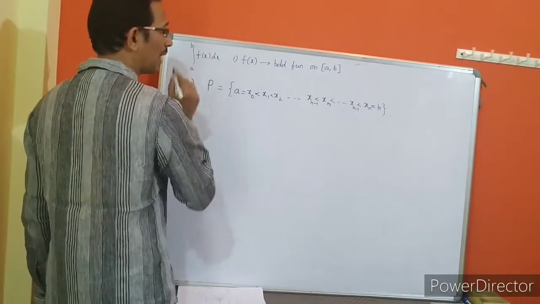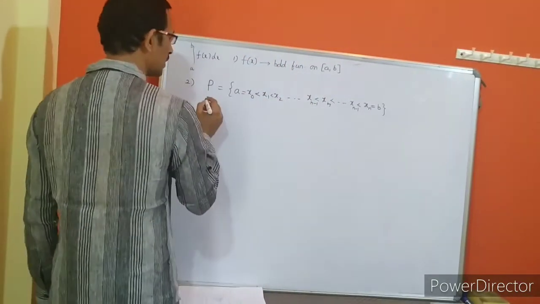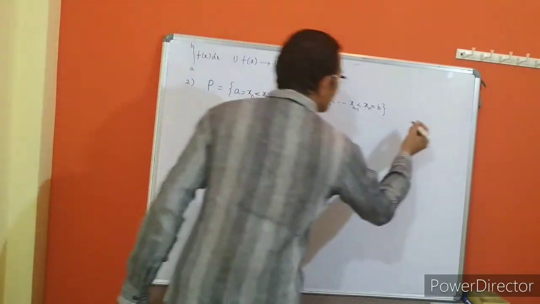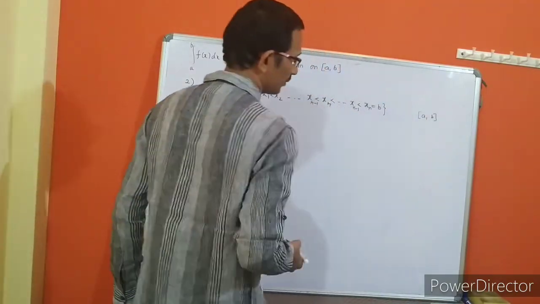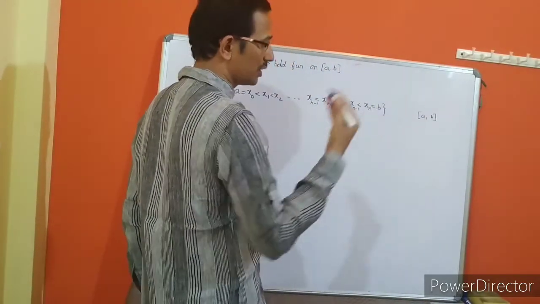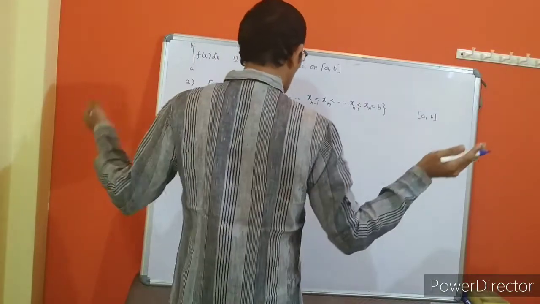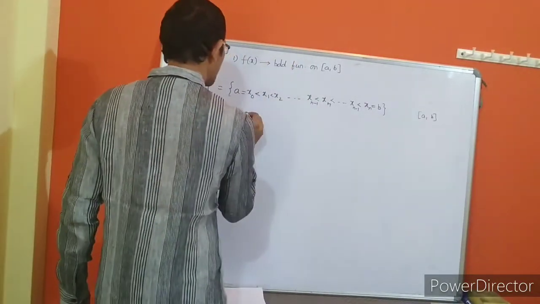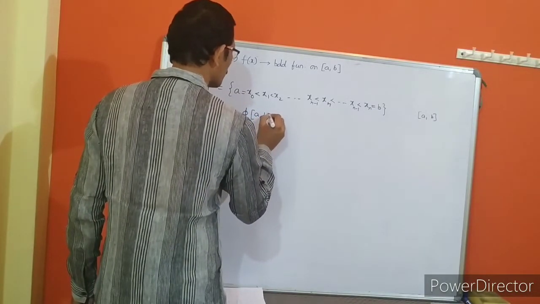That is called a partition. And the set of all partitions: if you have an interval [a,b], how many partitions can you write? You can write any number of partitions, infinitely many partitions. So you collect all those partitions and name it as phi of [a,b]. This is just a notation.